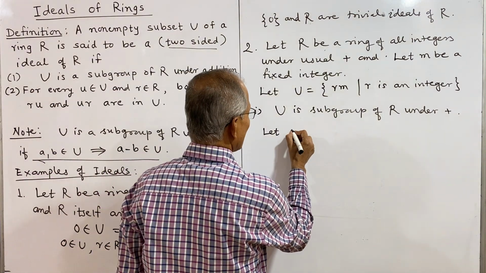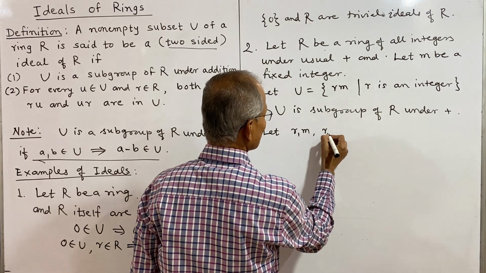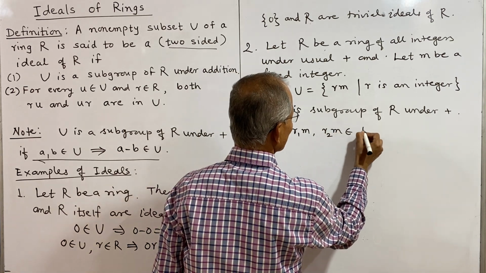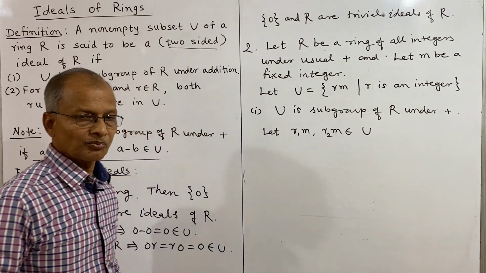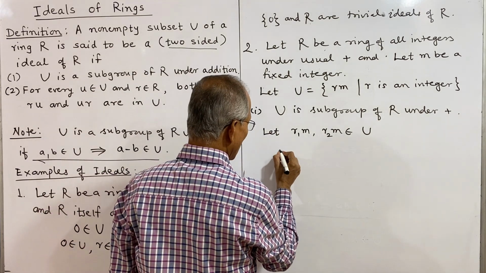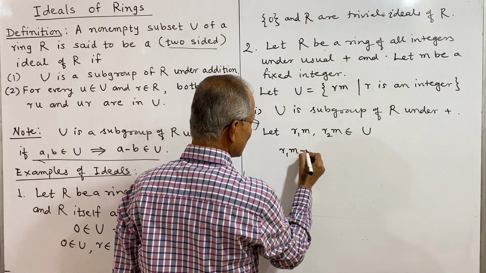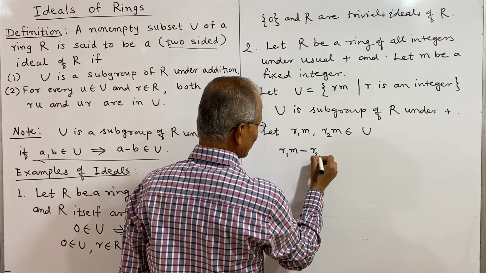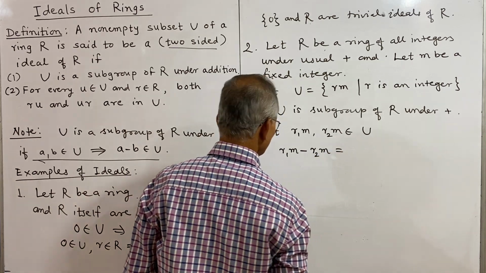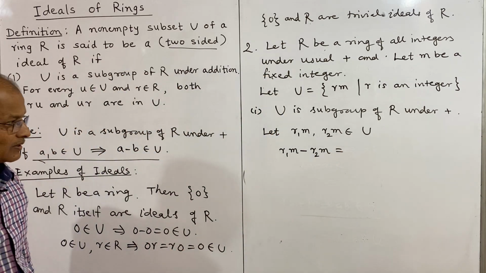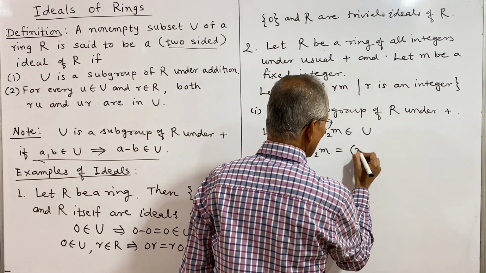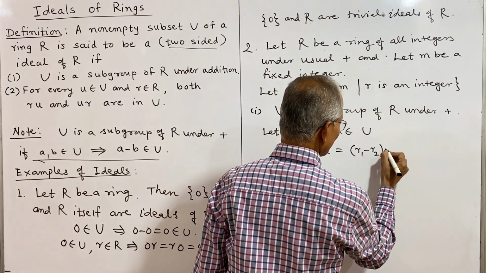Let r1m, r2m belong to U. Now what we have to prove is that r1m minus r2m is in U, but this can be written as (r1 minus r2) into m.